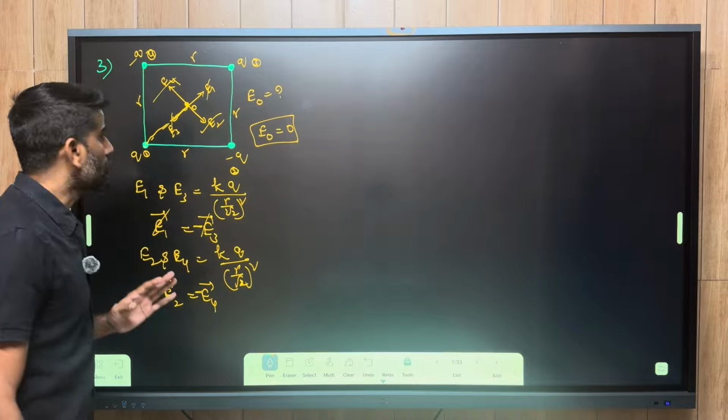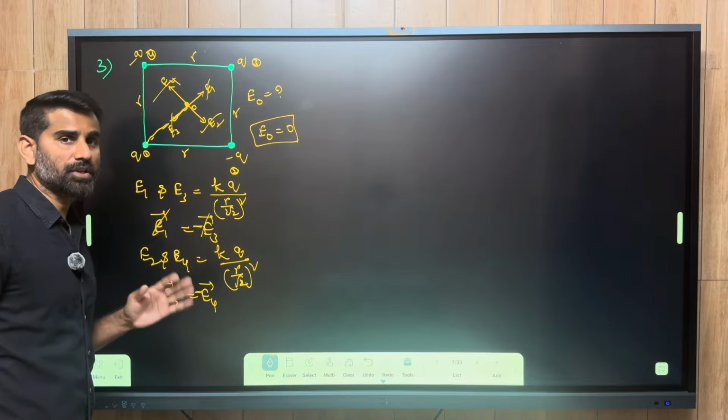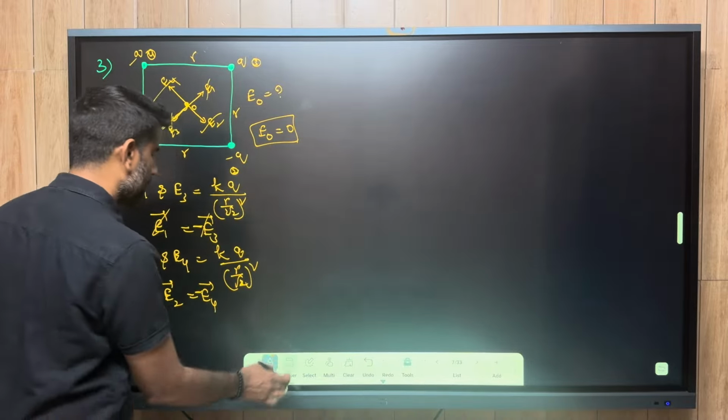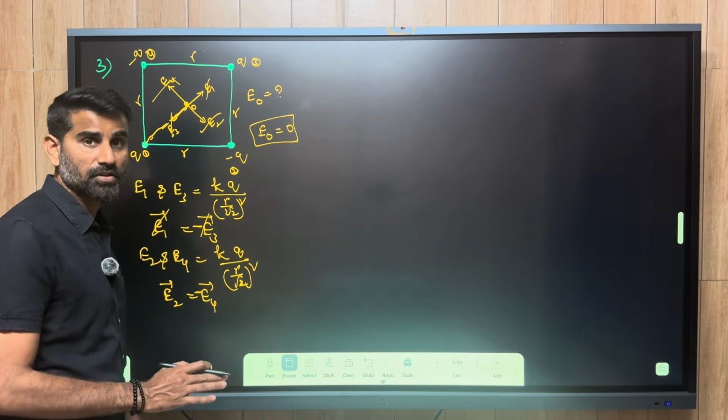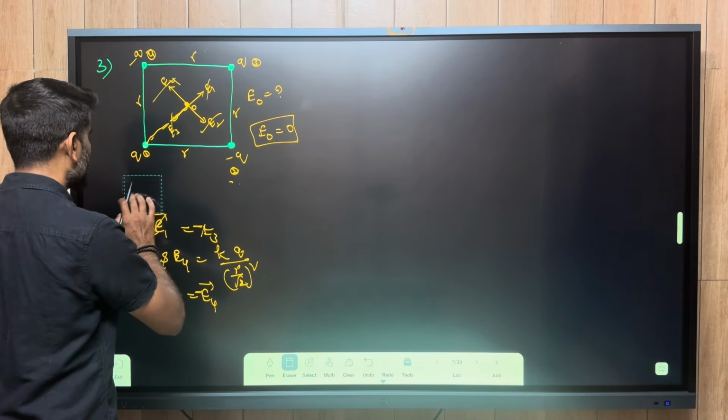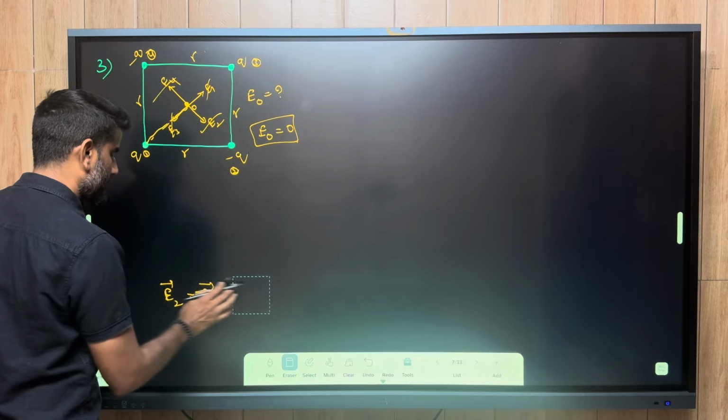Okay. So I am going to take the same example again with different charges. It is the simplest example. Let's make it a little bit complicated.